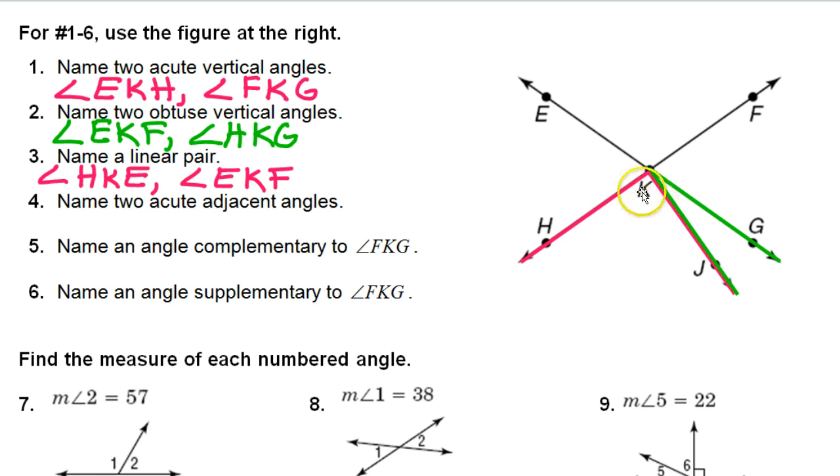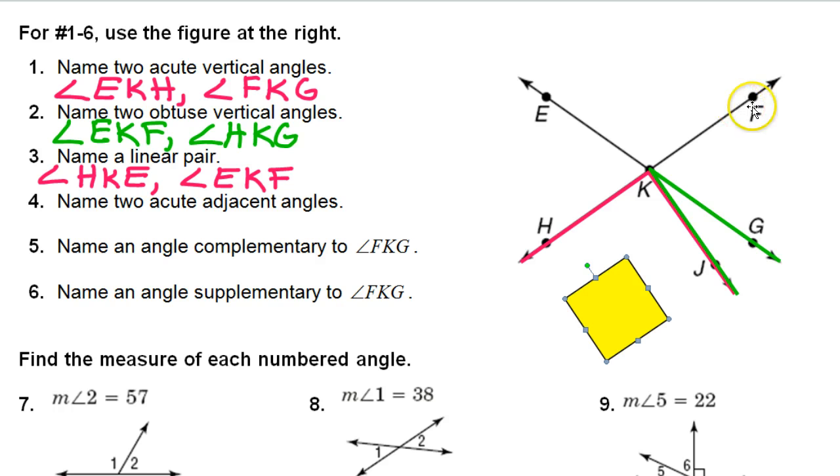Actually, is this 90 degrees? Let me check this. This might not be acute. I'm using my square to test it out. This is looking like a 90-degree angle now that I look at it. So that pink one was a bad choice. I could have picked this one over here, but actually it's going to have to be this one over here.